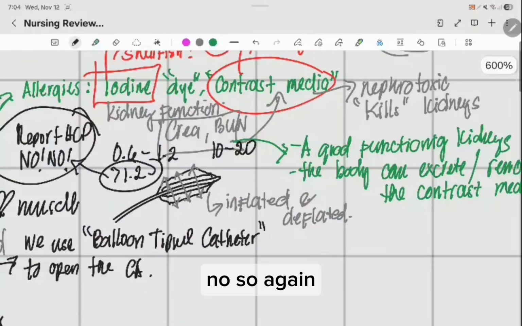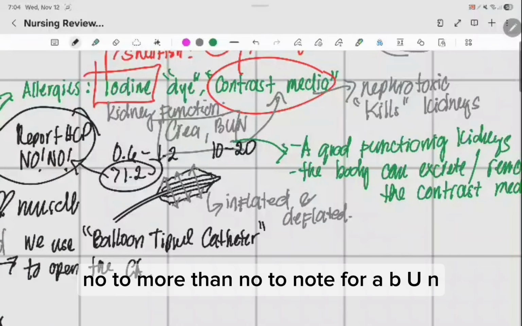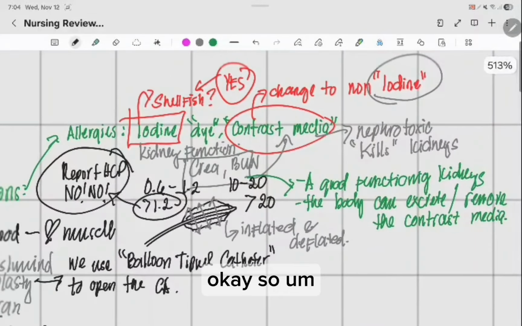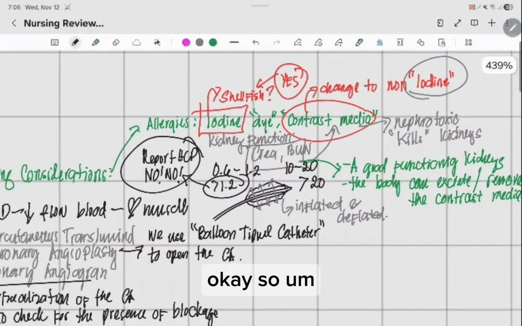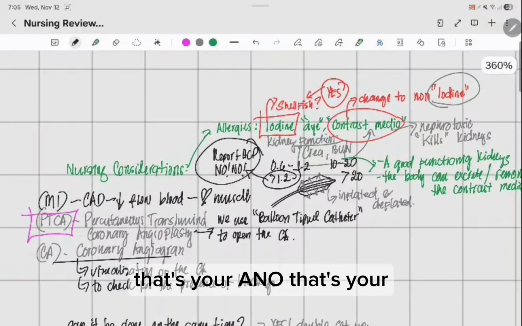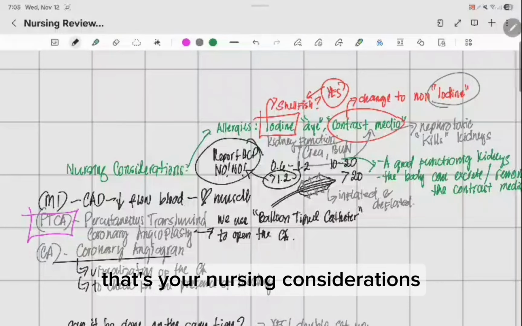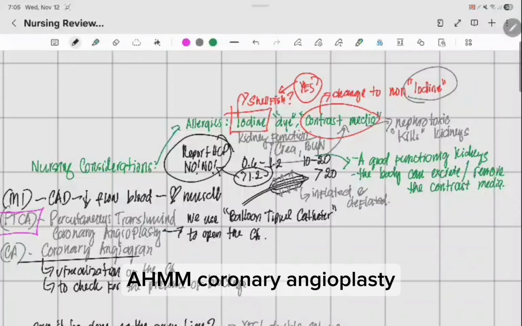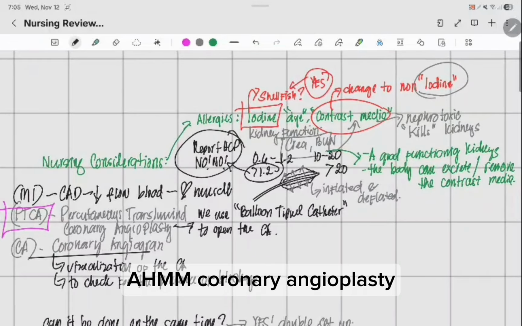So again, note a BUN of more than 20. Okay, so that's your nursing considerations prior to coronary angioplasty, coronary angiogram, no?